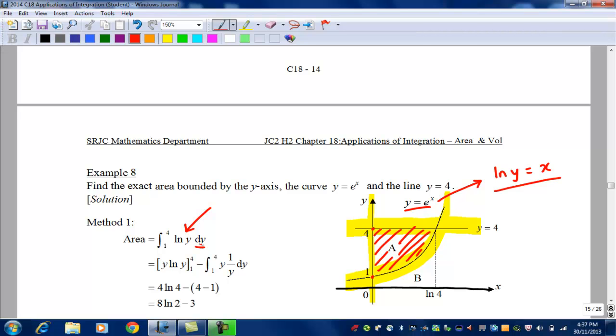Based on what you have learned under the topic of integration techniques, you know that I can't integrate ln y directly. So what I can do now is see it as 1 times ln of y. Subsequently, I move on to integrate by parts. This step to this step, I will not explain in detail.